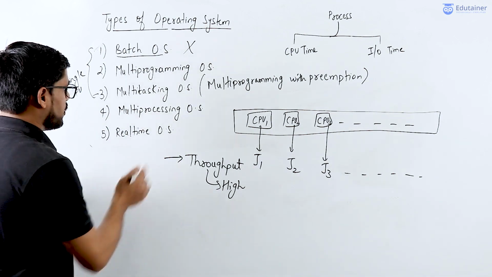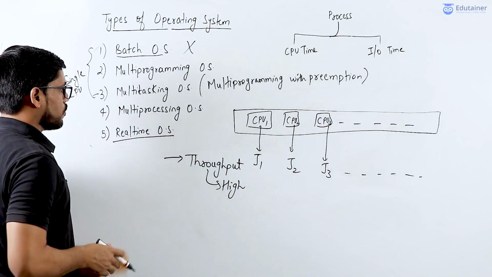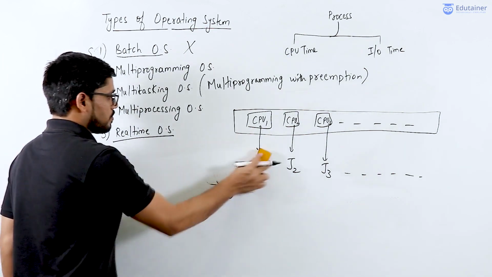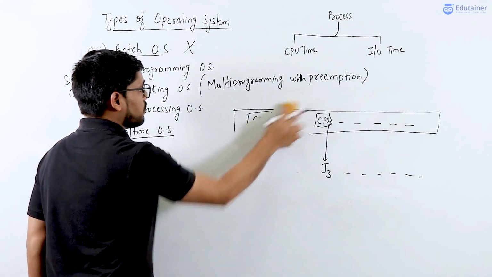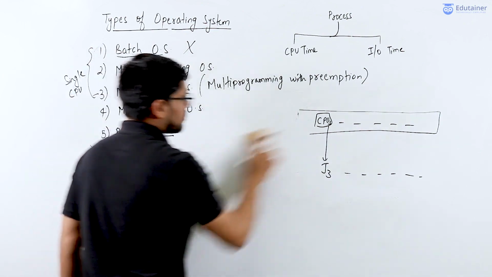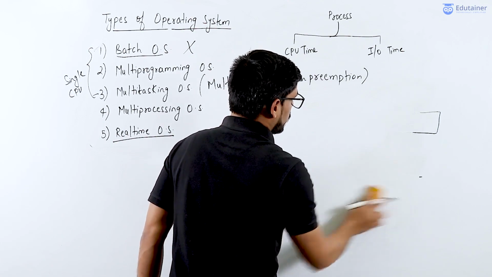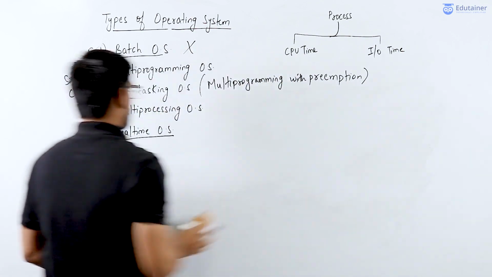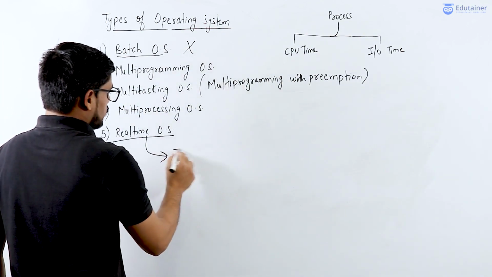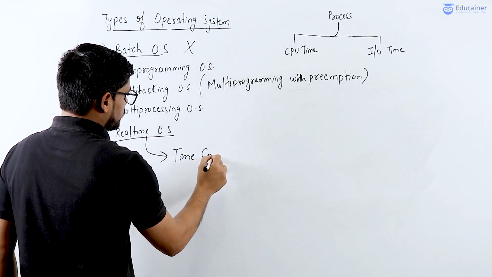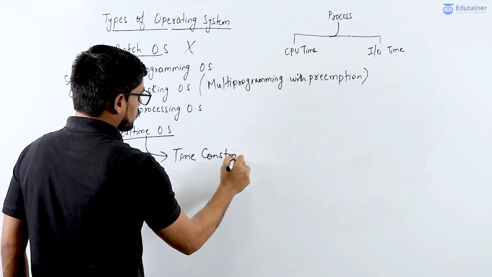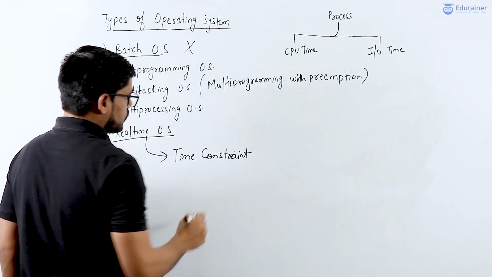And the last one is real-time operating system. Real-time operating system is the operating system which is based on time constraints. So here any job will have its deadline.